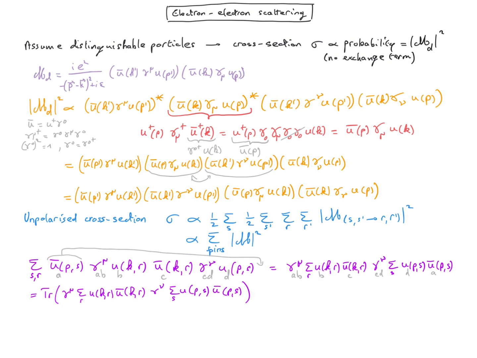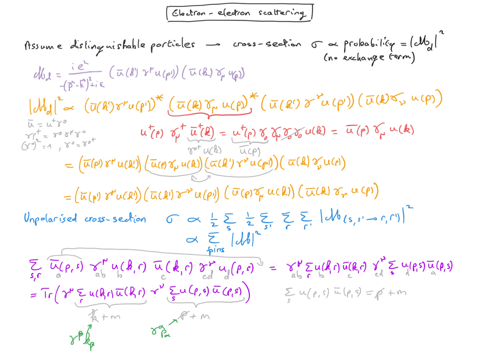We can now use one of the properties of the spinors in order to calculate these terms. And remember that the K slash and P slash are using Feynman's notation, and they involve themselves gamma matrices. The trace only acts on spin degrees of freedom, and therefore K and P are just numbers as far as spin is concerned, and they can be taken out of the trace.